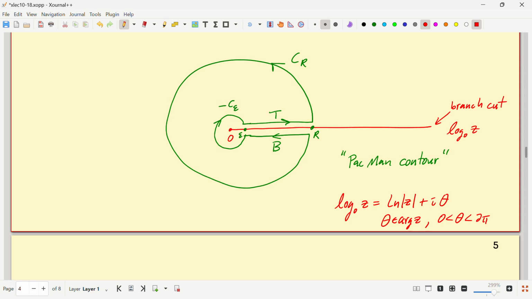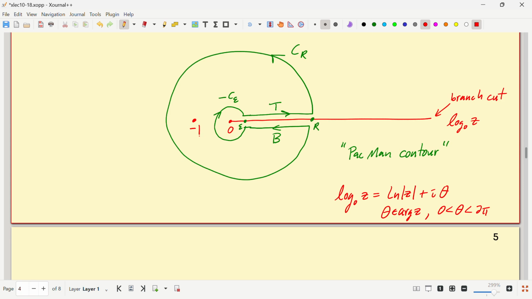So let's see. Now I have to do this. Oh, by the way, there's a pole at -1, so the residue theorem is going to be relevant. The f of z here is e to the minus alpha times this branch of log, divided by 1 plus z.